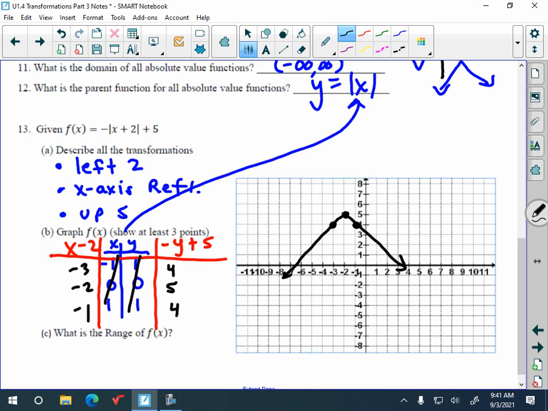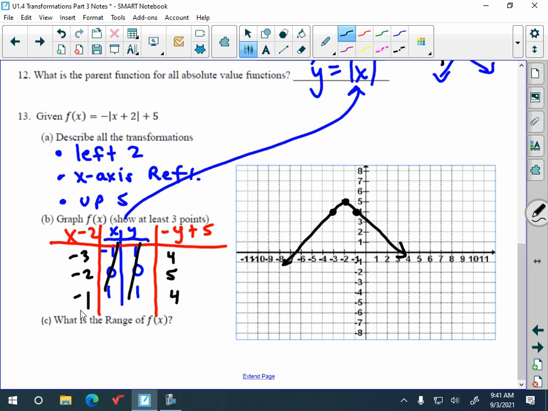It's pointing down now. Make sure it looks like a V and not a U going down. Okay. U's are different than V's. Even though they look similar, they're different. A U is a quadratic. A V is an absolute value. All right, and then the range looks like it's going to be negative infinity all the way up to positive 5.